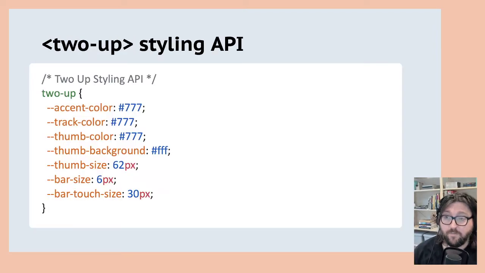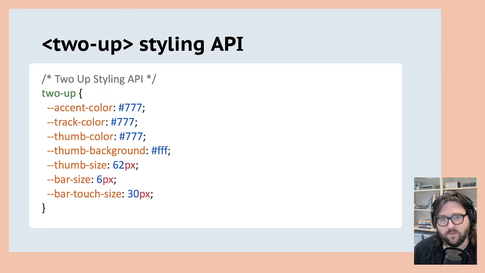In some others, like 2UP, the one I showed earlier, that side-by-side before-after image viewer, they offer a styling API. It's just a handful of variables, 6, 7, 8 variables, but it allows you to customize the look and feel of the component to a degree that's probably good enough for production or to match our brand or whatever need you have. It gives you just enough customization that you don't have to reinvent the wheel every time you build it.